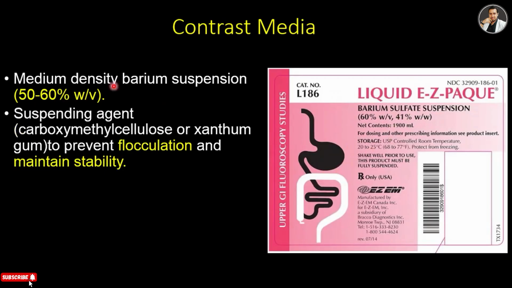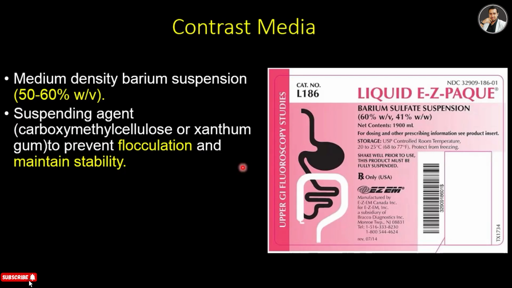Sometimes you can use a suspending agent like carboxymethyl cellulose or xanthan to prevent flocculation and maintain stability. What it means is that mixing a suspending agent helps the heavy barium particles not settle too quickly at the bottom.